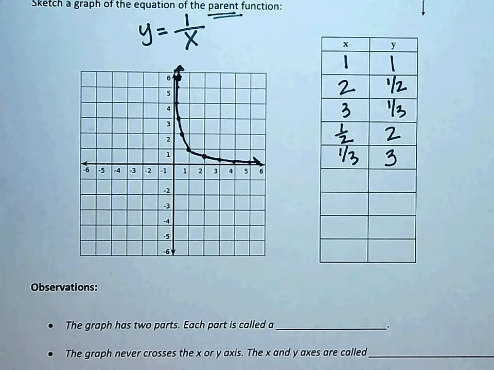Now, did you also notice, ladies and gentlemen, that my graph, even as bad as it is, is trying its best to approach both of those axes, okay? Does it look like this? No. Because look, does this right here look like it's trying to do this?